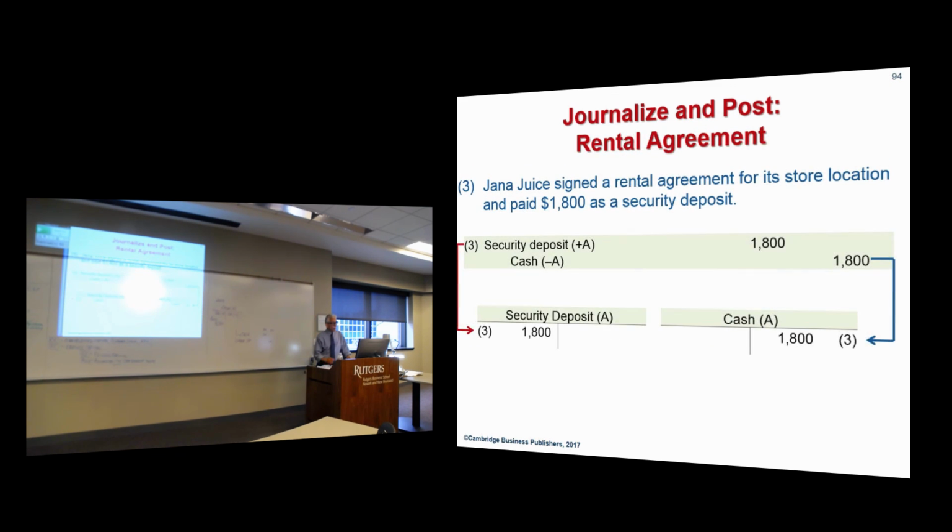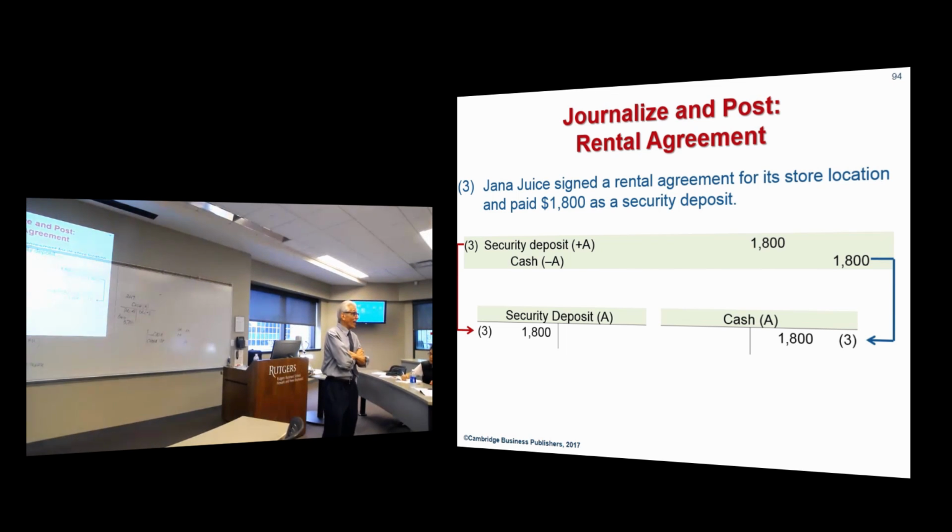All right, now, security deposit. Question came up whether or not that should be prepaid rent. This book says security deposits sit there as assets, they don't get amortized. So if you have an apartment and you have to put down $1,800 deposit up front, that does not go to your rent expense unless you walk out without paying the rent, then they take it.